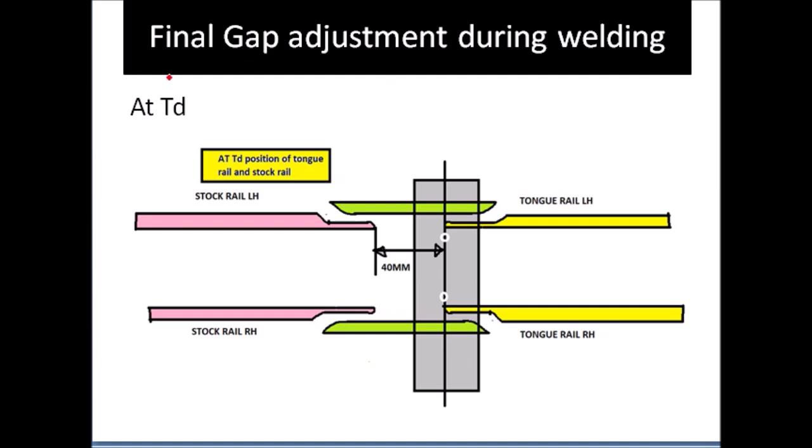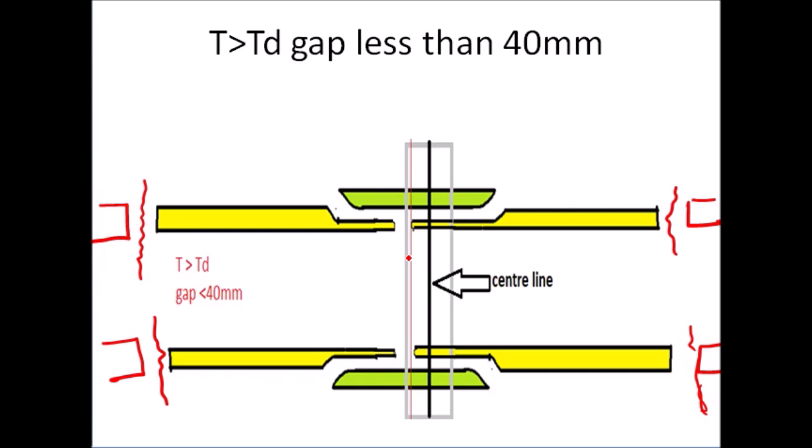So for that we have to understand this. If you do welding at TD, at that position your SEJ should be like this. Center line should match with the tip of tongue rail and stock rail should be at 40 mm.